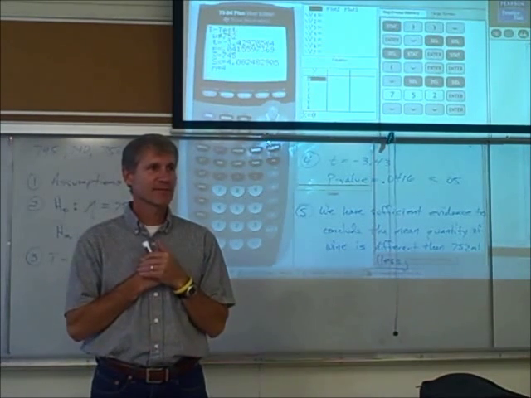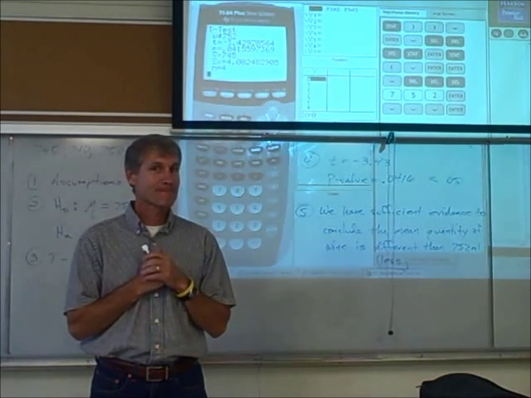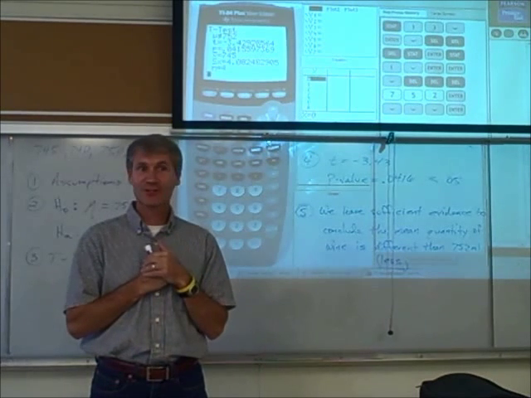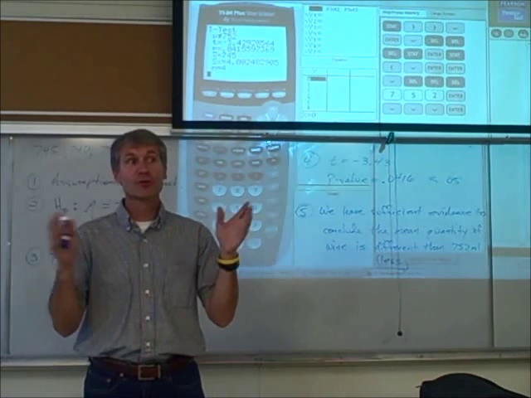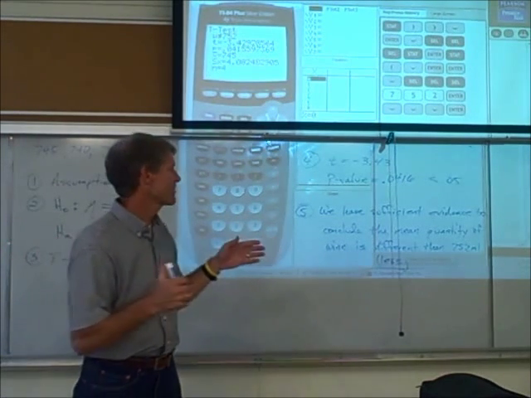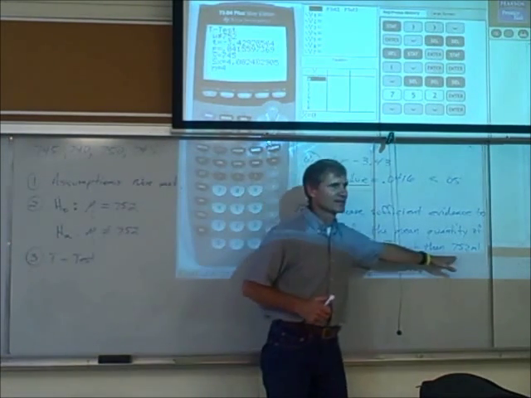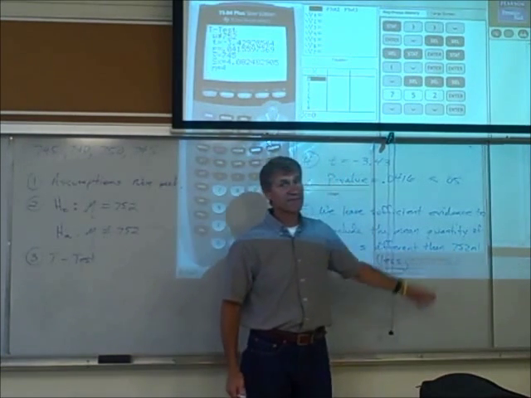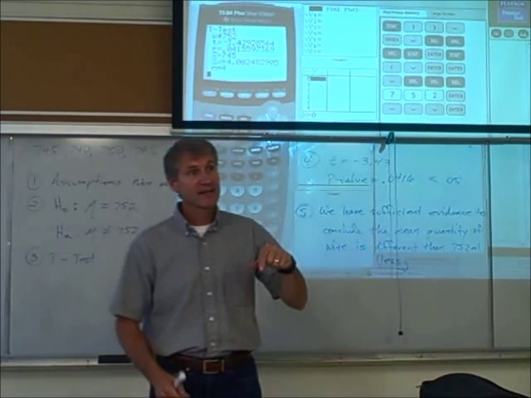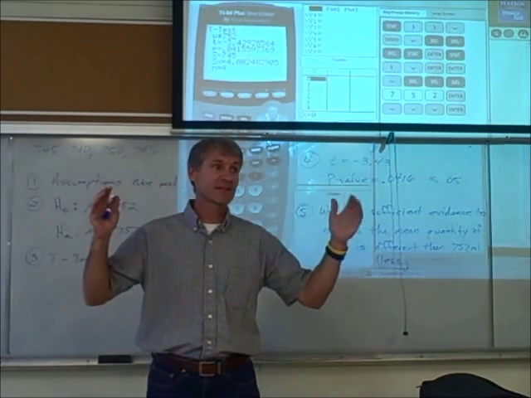It should capture it? And you say, no, it shouldn't. It should capture the true mean, but what did we just say about 752? It's not the true mean, right? We just said, hey, we don't think it's 752. So we say the confidence interval is probably not going to contain 752.